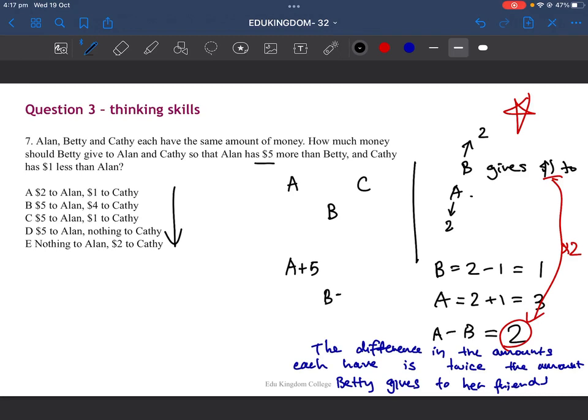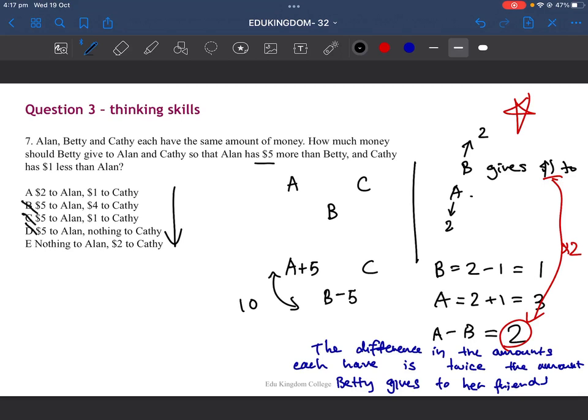Betty has now B minus 5. And C, or Kathy, stays the same. What's the difference between these two guys? It's 10. Can you guys see that Alan's money now, he has $10 more? So already, this can't be true. This can't be true straight away. So anything that says $5 to Alan, straight away, not true.